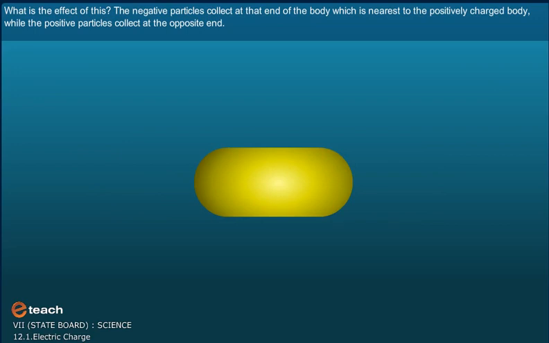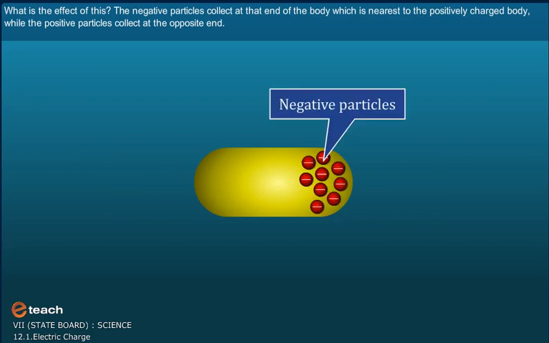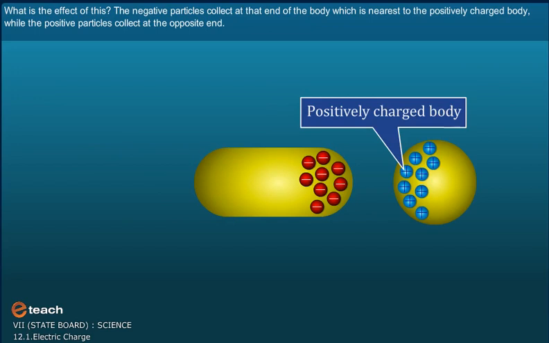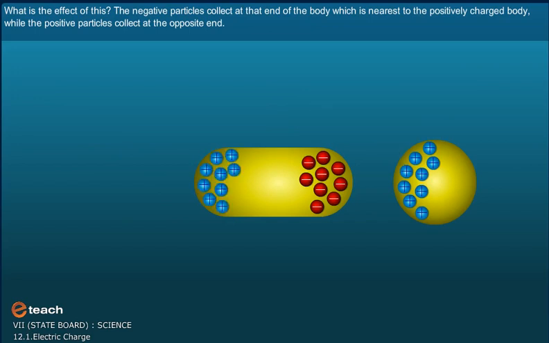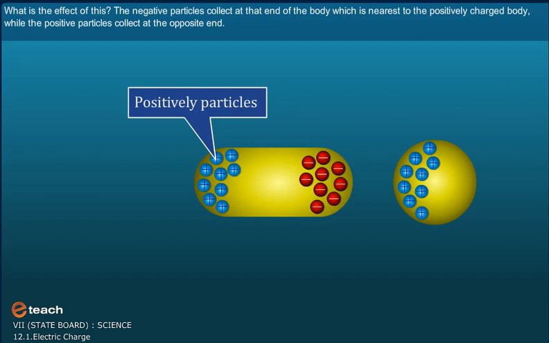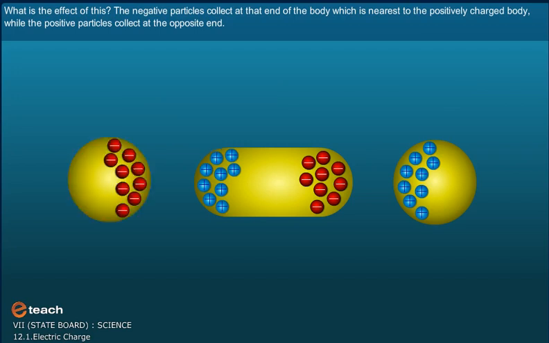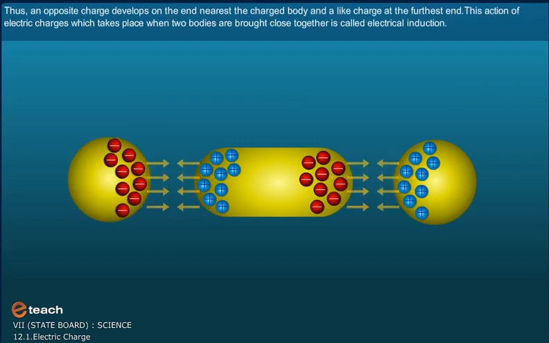The negative particles collect at the end of the body which is nearest to the positively charged body, while the positive particles collect at the opposite end. Thus, an opposite charge develops on the end nearest the charged body, and a like charge at the furthest end.